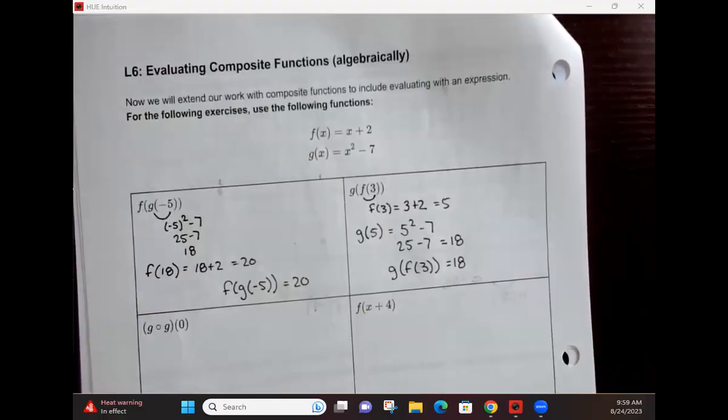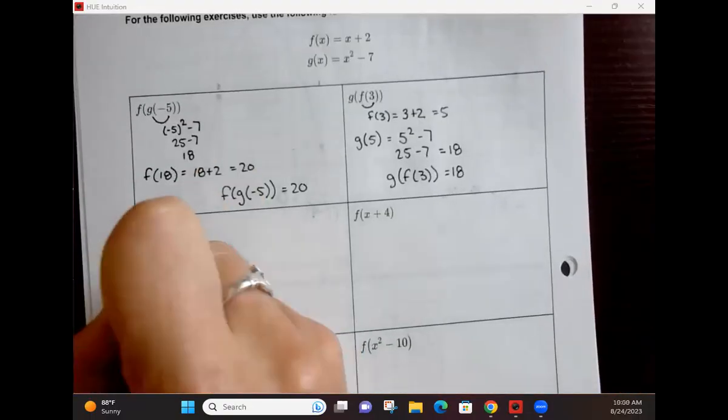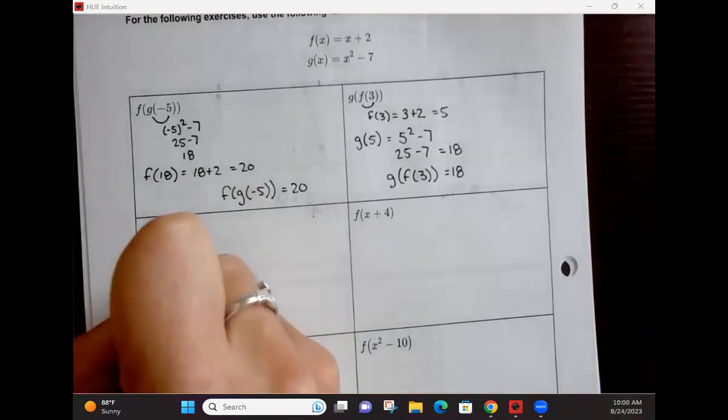Does this look familiar? Yesterday? Right. Okay. And I think yesterday we looked at all compositions where I was using more than one function, f of g or g of f or h of k or whatever the functions were called. I can do composition with the same function. That's fine. Like our next one, g of g of 0. So this would be find g of 0.